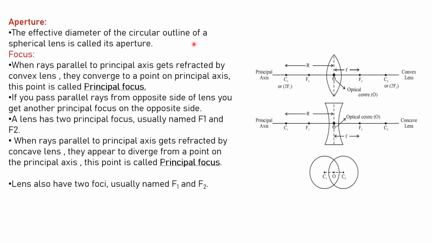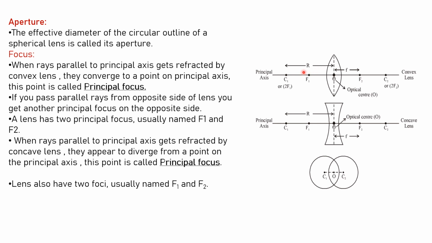Focus, we have already seen. Whenever there are rays parallel to the principal axis, they meet, or they seem to come out from a particular point, that is known as the focus.